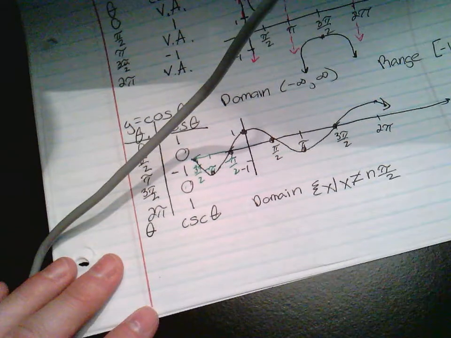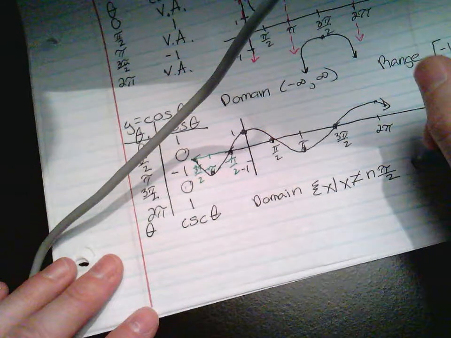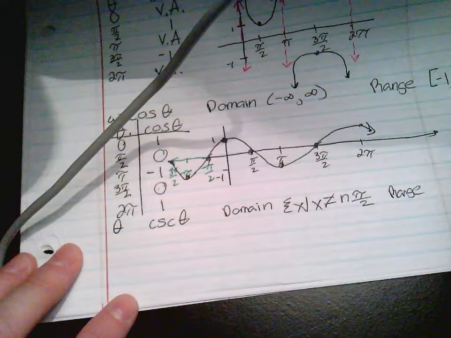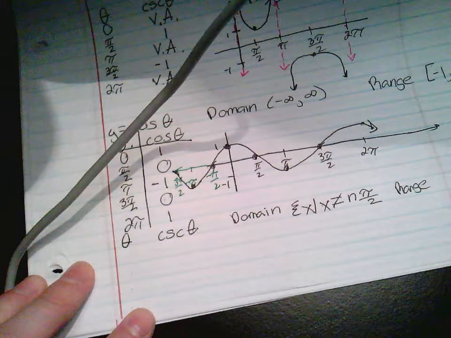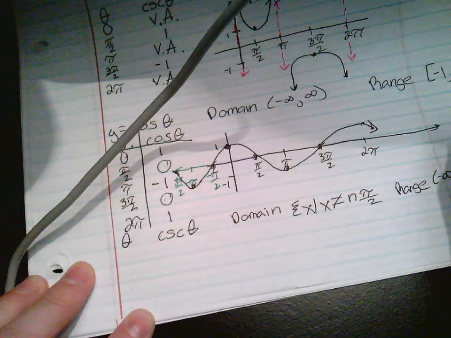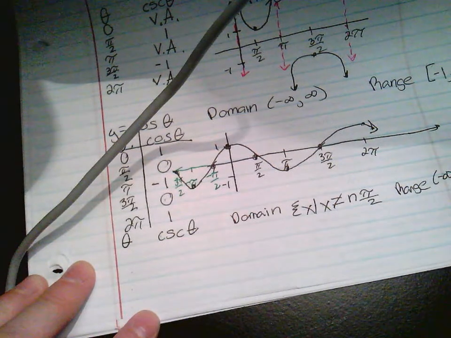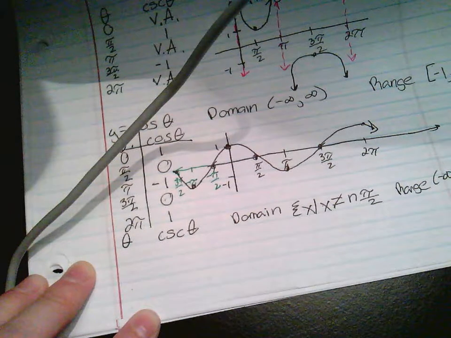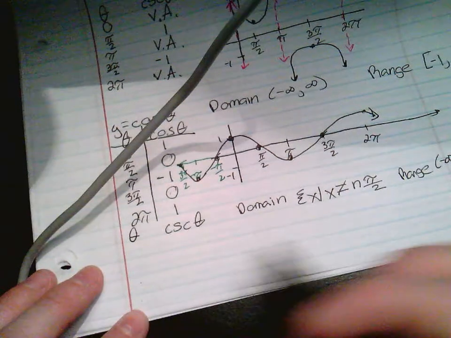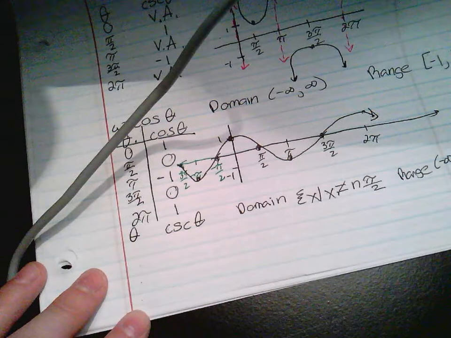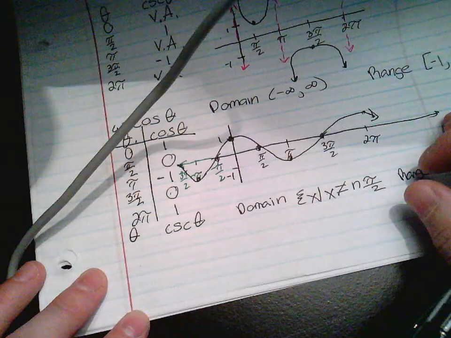And my range will be the same as cosecant. It's going to look the same, it's just going to be a translation. Okay, just like cosine is the sine. So this is going to be negative infinity to -1, brackets because it's a defined point, union 1 to infinity. Okay, and I'm going to start at negative pi over 2, because if I don't, I'm going to have a half one like this and then another half one like this.